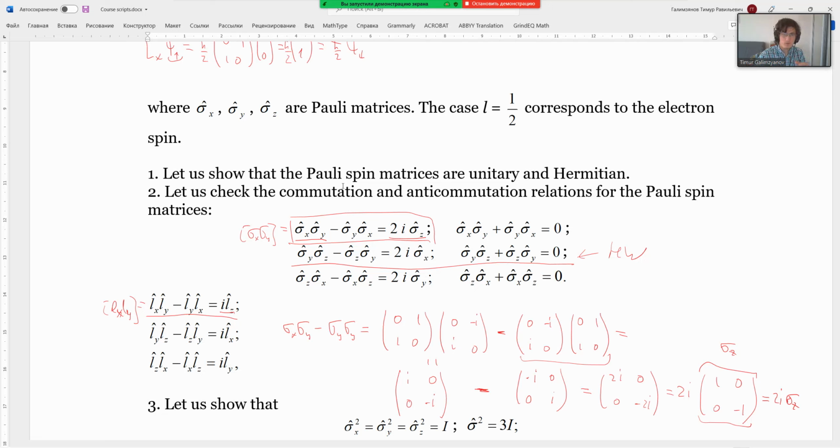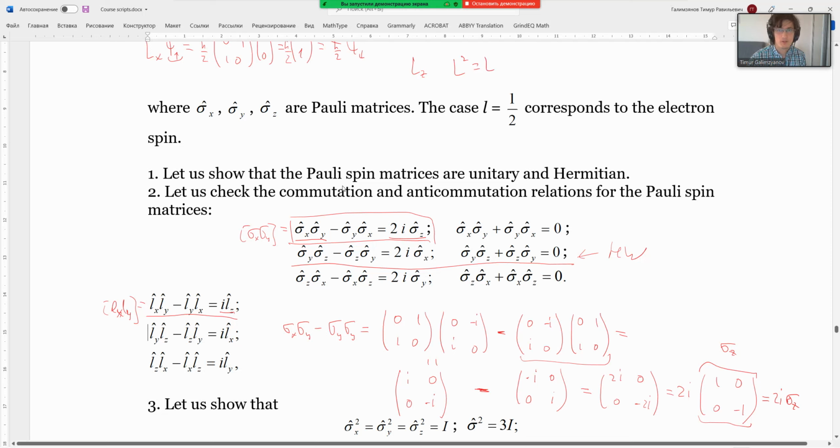And then we showed that actually there are two combinations of the angular momentum that we can measure. We can measure the projection Lz, and we can measure L squared, which equals Lx squared plus Ly squared plus Lz squared.